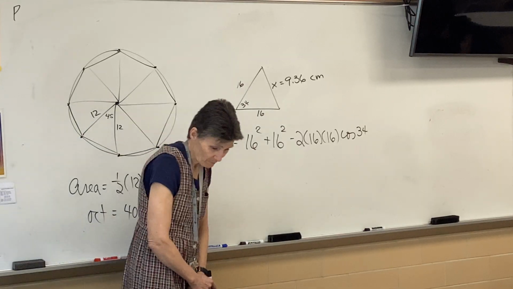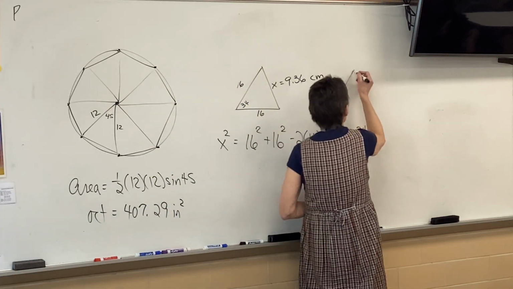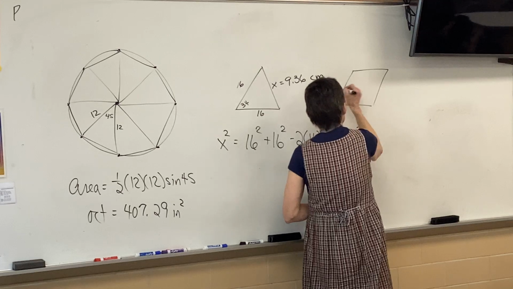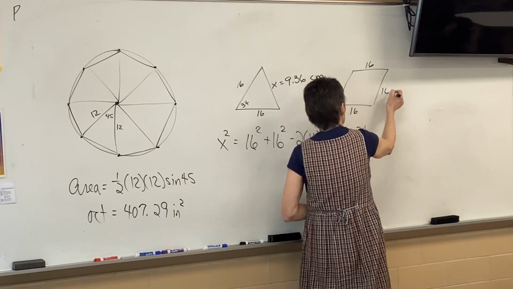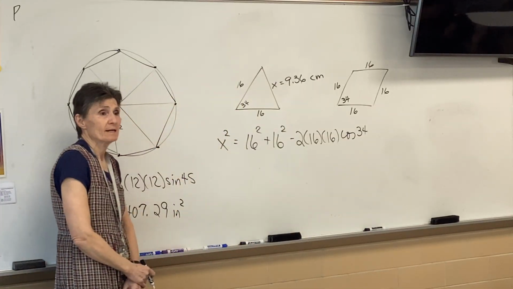Alright, number 3. Now I'm gonna take that rhombus that I just had. So 16, 16, 34. And now I'm going to find its area.